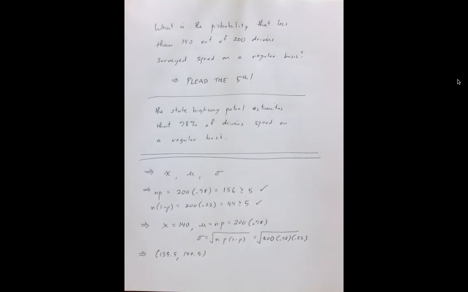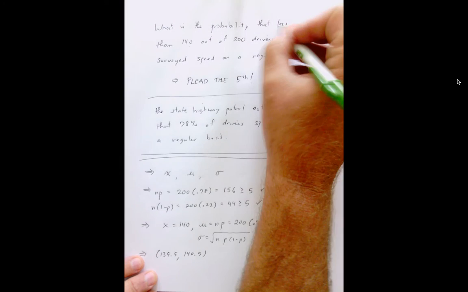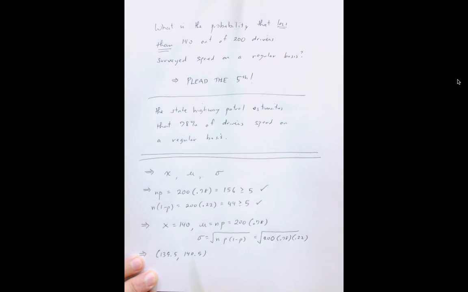Now, the next thing we get into right here is less than or more than. Which one are we going to focus on? Well, when we look at our problem here, less than is what we're being asked to focus on in this problem. So gang, I now have tunnel vision on 139.5.